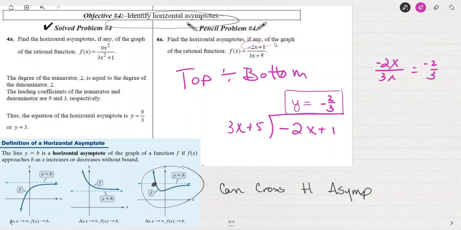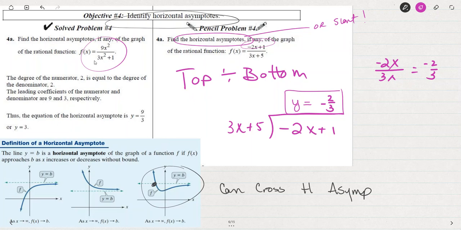It's the top, the numerator, divided by the bottom, the denominator. So in other words, to find horizontal or slant asymptotes, you just use long division, and that works every single time.